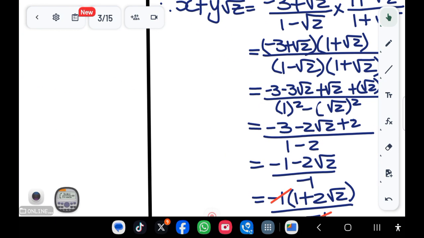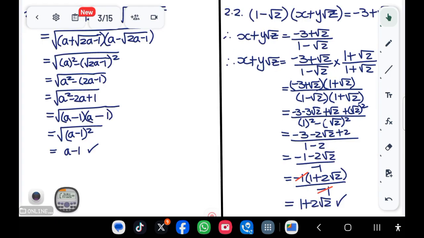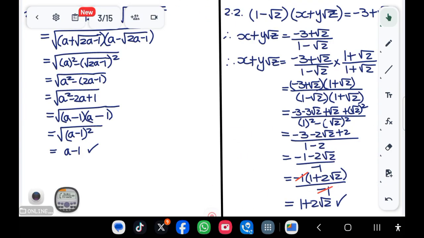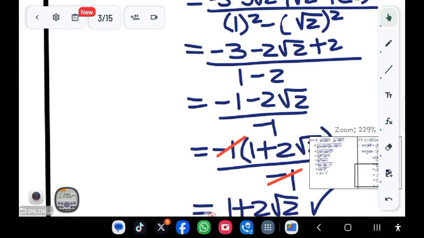So now we match. So we've got 1 plus 2 root 2. Now let's match. The 1 matches with the x, and the 2 matches with the y, and the 2 under the square root sign matches with the z. So x equals to 1.